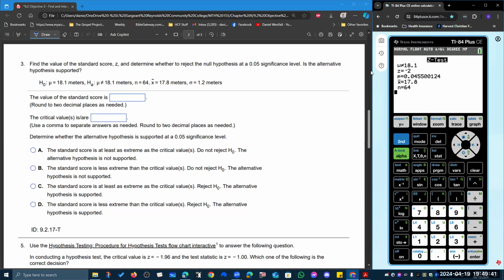So the value of our standard score is -2, and the critical value for a two-tailed 5% is -1.96 and positive 1.96. We've been dealing with that from the 95% confidence interval. It's the same numbers. We're just looking at the tails now, where there is 95% in the middle, and 1.96 for the z-value and -1.96 for the z-value.